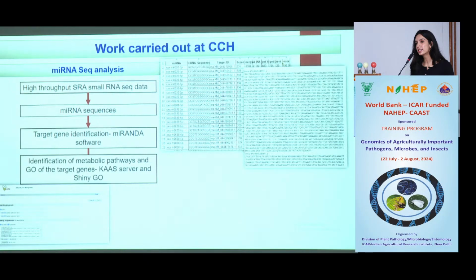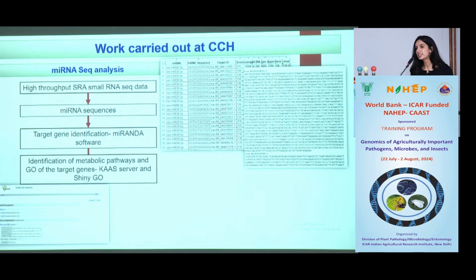For identification of the pathways of any unidentified or even identified gene, what you have to do is identify the KEGG pathway of that particular gene. KEGG is the Kyoto Encyclopedia of Genes and Genomes, a database created by Kyoto University in Japan.